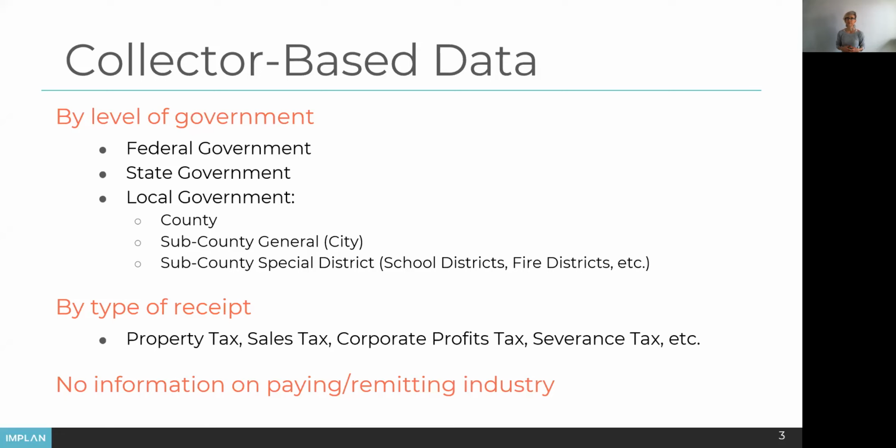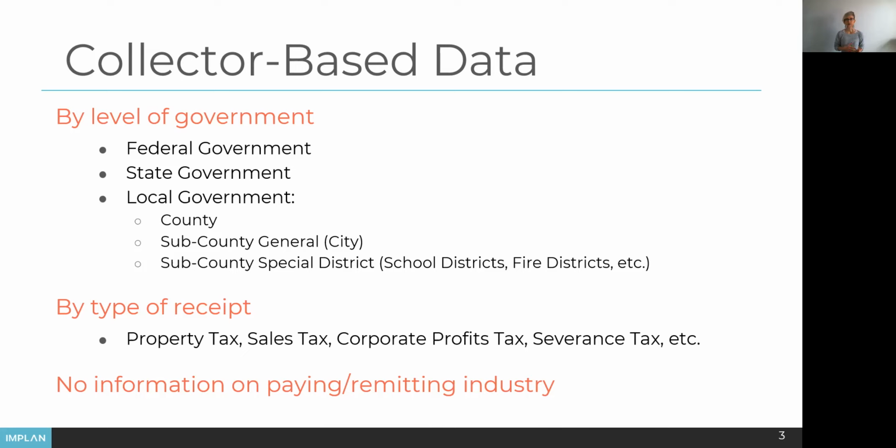There are special school districts, fire districts, all kinds of different special districts that collect taxes at the local level. And these collector-based data are by type of receipt, so that's good.